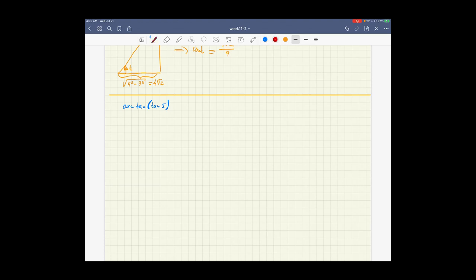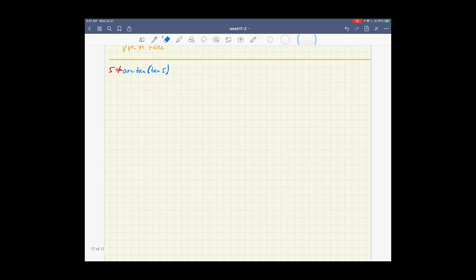It should be immediately clear that you can't say that this is 5. Because 5 is not in the interval negative pi over 2 to pi over 2. So that cannot be right. So we can solve this problem in two ways, using the unit circle and then using the graph of tangent.